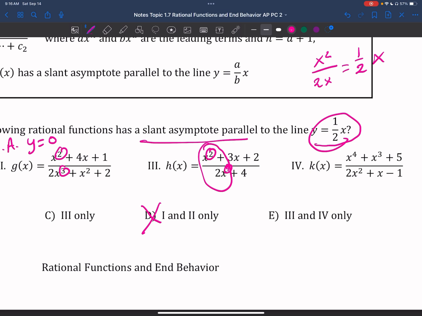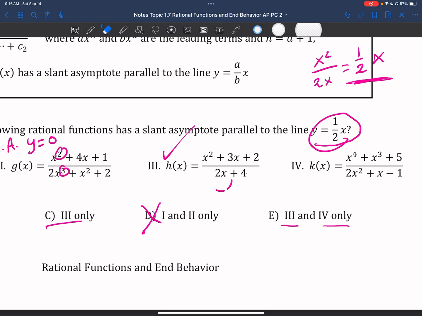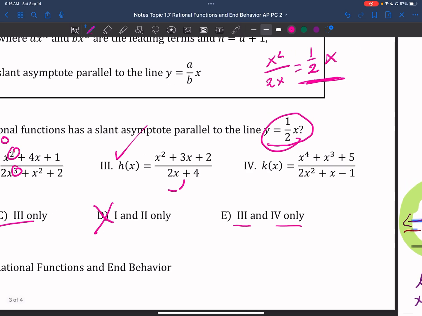So this will be a function that has a slant asymptote that will have 1/2 x as the beginning part of the asymptote. So this did work. So that doesn't really help me because I still have 3, and then this one has 3 and 4. So let me check the last one. And then if the fourth one works, then I know my answer is E. If it doesn't, I know my answer is C.